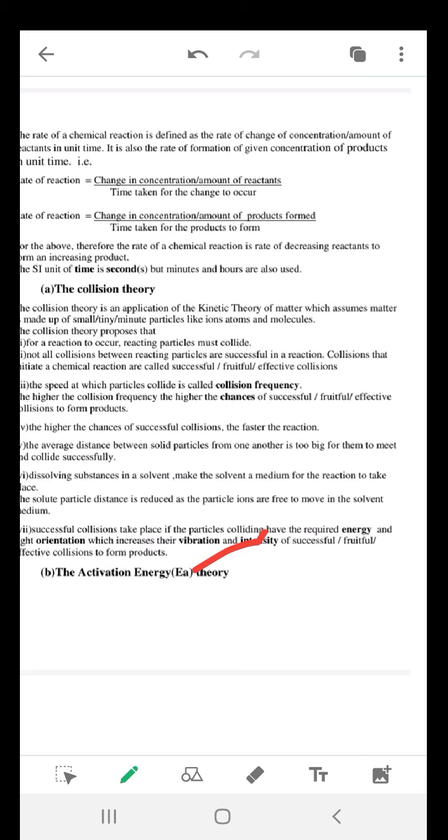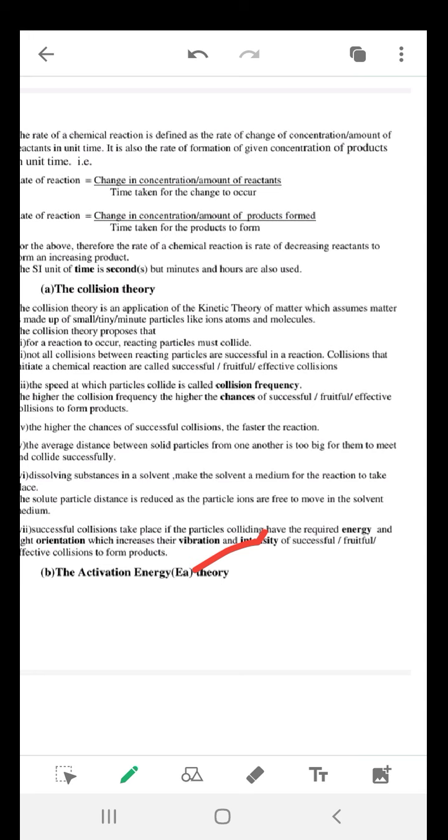Then the successful collisions take place if the particles colliding have the required energy and the right orientation, which increases the vibration and the intensity of successful or fruitful effective collisions to form products. So we are saying that for successful collisions to take place, one, they should have the required energy.